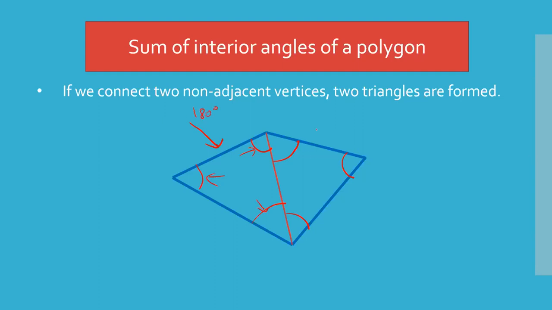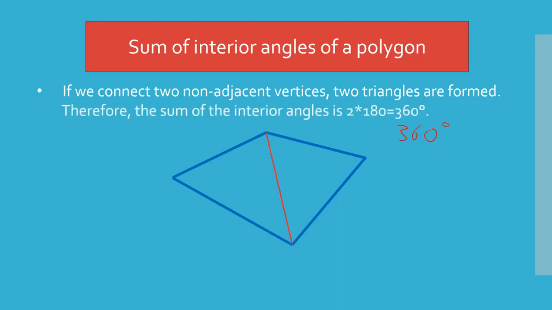And because this is also a triangle, this one plus this one plus this one gives us another 180 degrees. If we add them all together, we're going to have 360 degrees. This is actually a very good idea. We figured out that the sum of the interior angles of this random quadrilateral is 360 degrees.